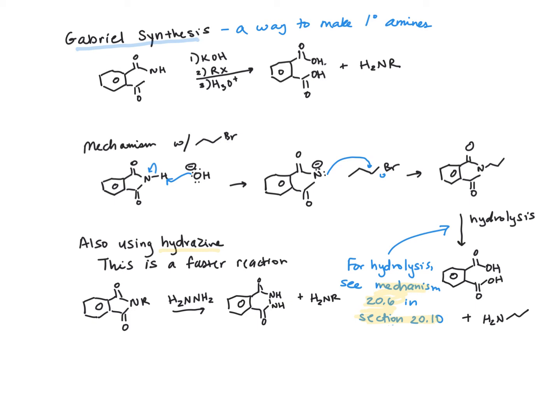Here we've already started with an alkyl group attached to the nitrogen, so that means we've already gone through the step where we've installed the alkyl group using potassium hydroxide and our alkyl halide.